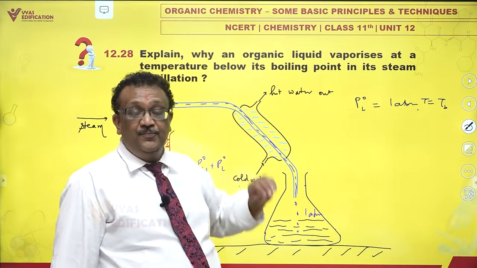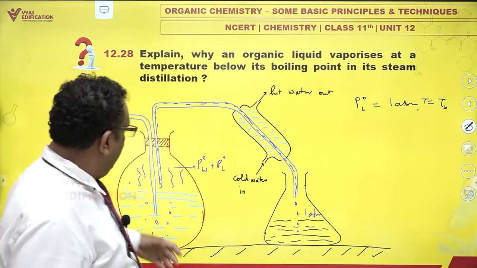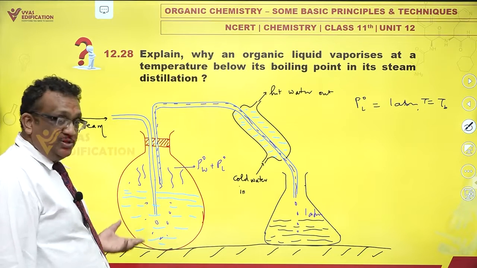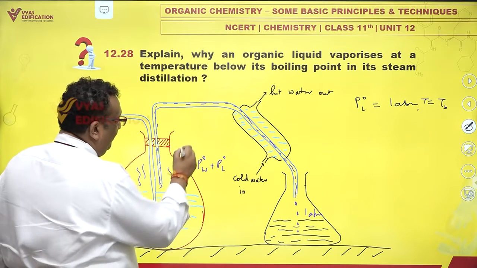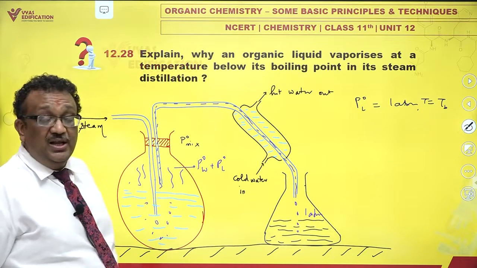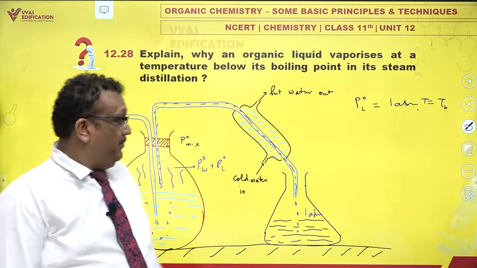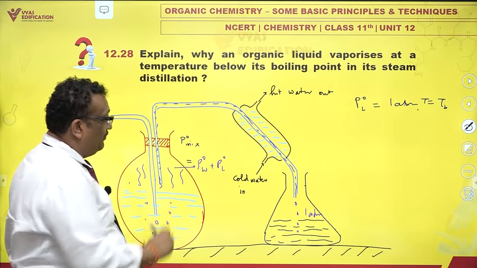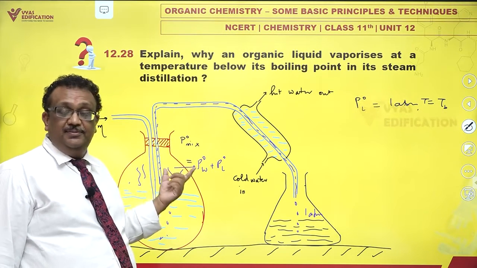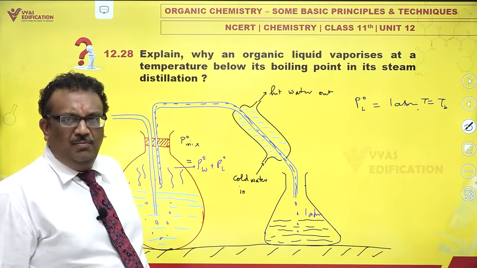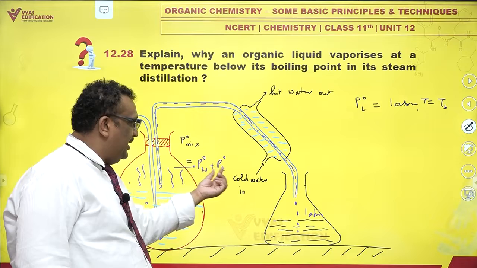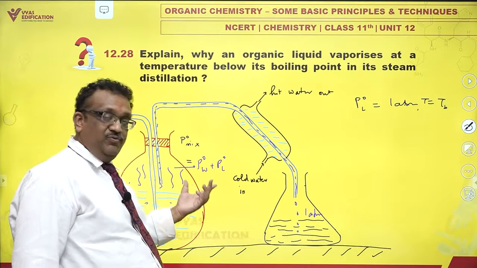Okay, fine. And when does this mixture boil? First of all, please understand, because you have liquids which are immiscible with water, the vapor pressure of the mixture is equal to the vapor pressure of water plus the vapor pressure of the liquid. You have to add them up, right? By common sense, if you have immiscible liquids, you add up individual vapor pressures and you get the vapor pressure of the mixture.